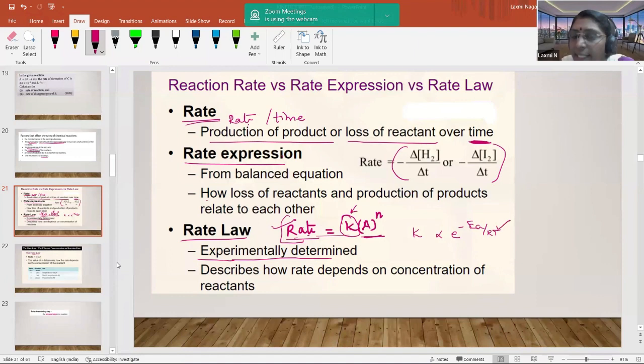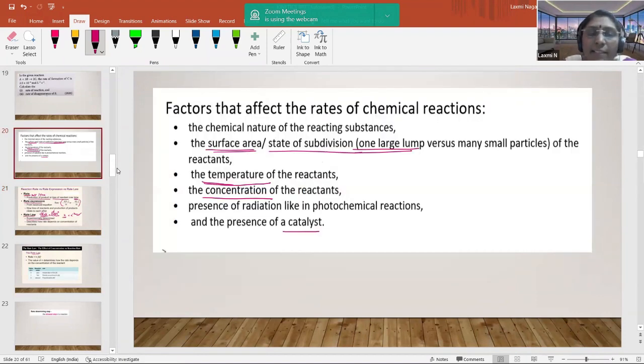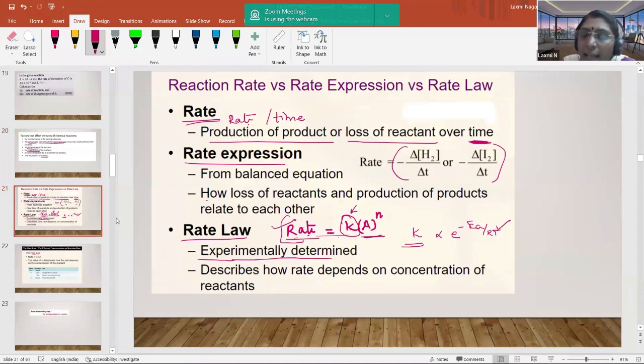So we know that T determines the K. So when you are introducing the factors, you tell them that though the rate law has a constant K and a concentration term, wait for the future classes, this K is going to bear the effect of temperature on the rate. So this actually prepares them for the second half of the lesson. The first part of the lesson is basically the effect of concentration. So here itself, you give them a prelude that the K is going to tell you.